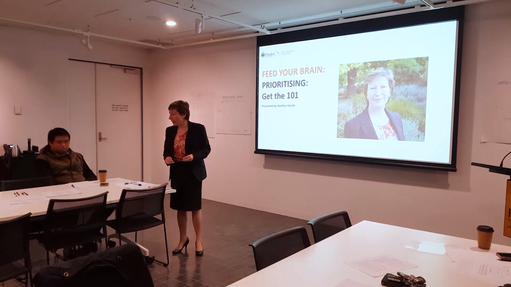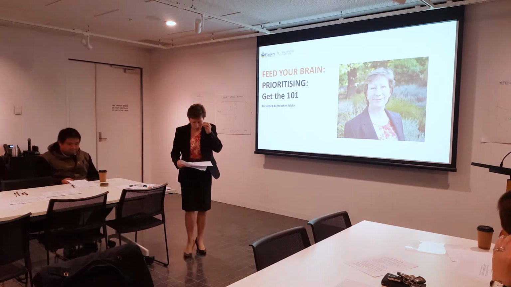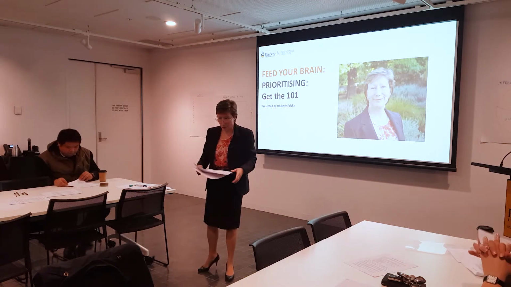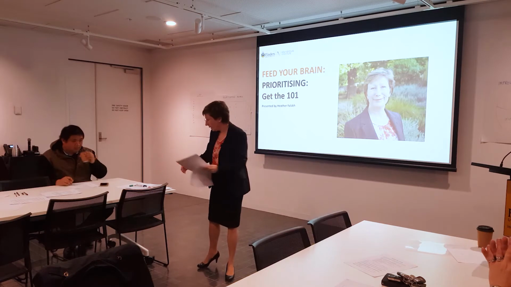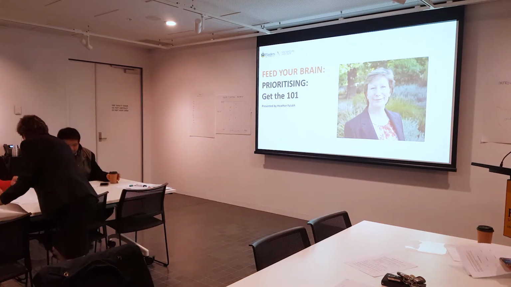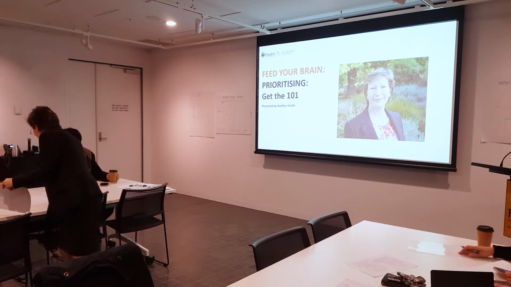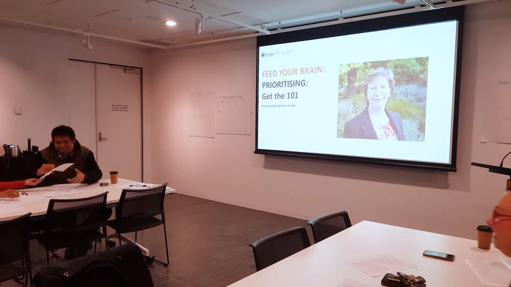Let's have a go at an activity. I've picked a topic that I'm hoping you can all relate to, and I'm just wondering if the two of you want to join another table, perhaps this one over here. So I've picked a topic which is things to do around the house.